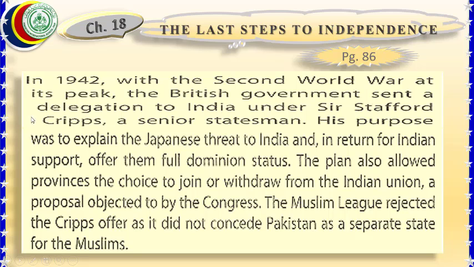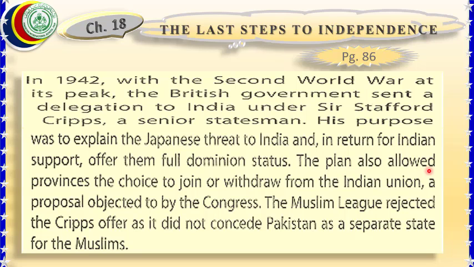Now the next passage: in 1942, with the Second World War at its peak, the British government sent a delegation to India under Sir Stafford Cripps, a senior statesman. His purpose was to explain the Japanese threat to India and, in return for Indian support, offer full dominion status.